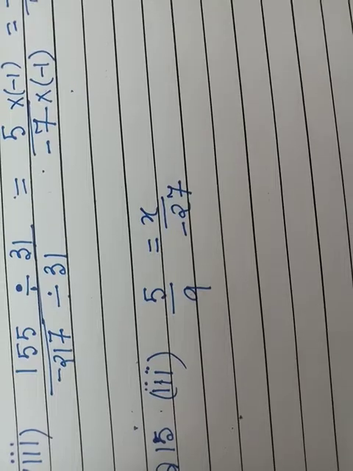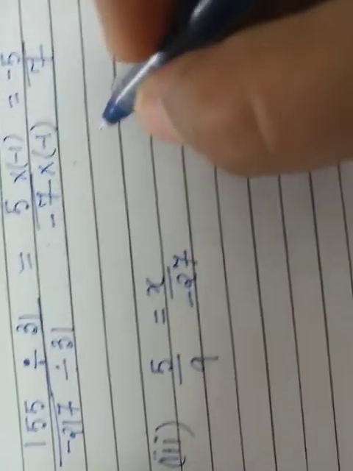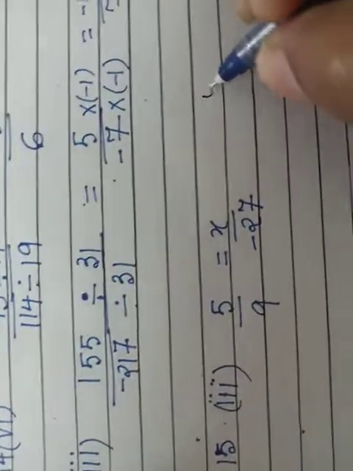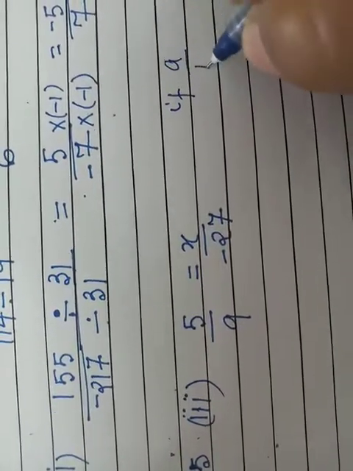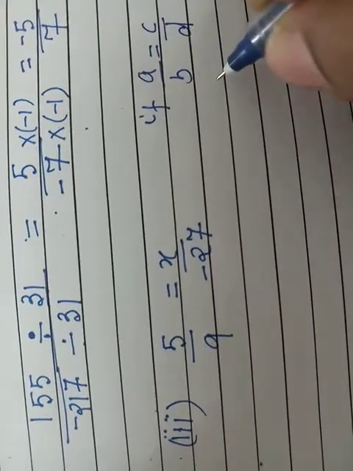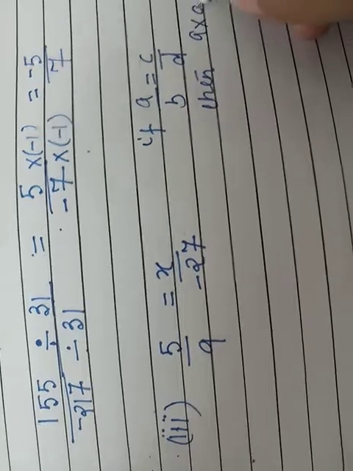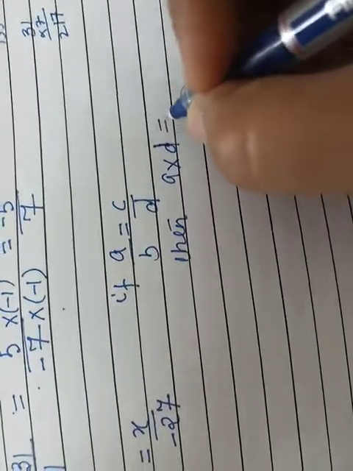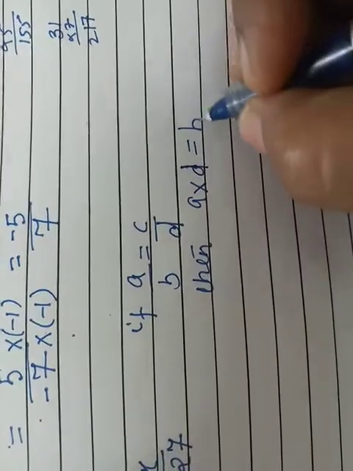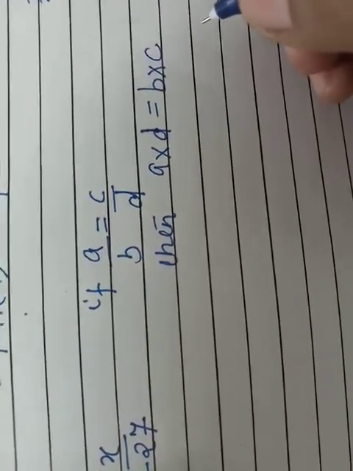If two rational numbers are equal, then what we learned in the rule, if a upon b is equal to c upon d, then a into d is equal to b into c. We learned in the fourth rule. This only we are going to apply here.